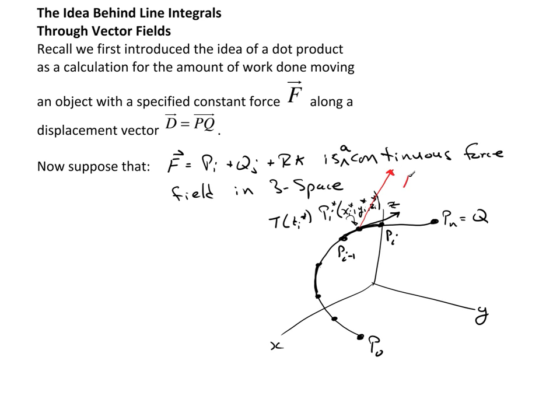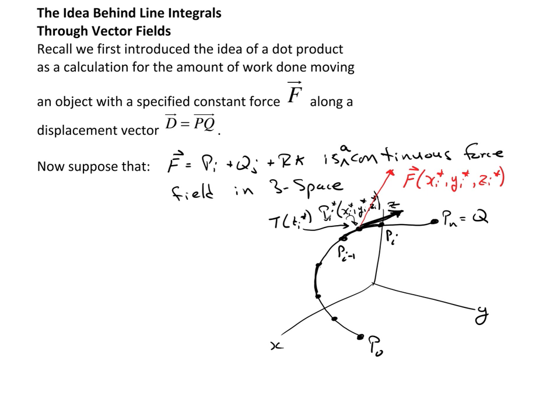So this is going to be F of xi star, yi star, zi star. What I'm claiming is the direction of travel along this subarc, if this subarc is small enough, is well approximated by the tangent at this point, which would be this vector right here.